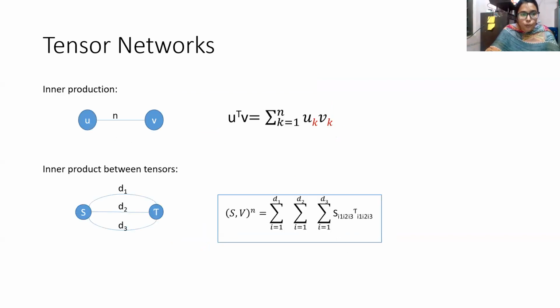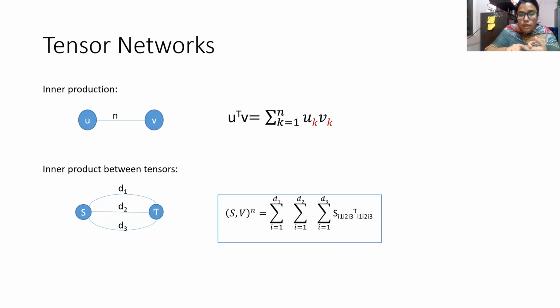So here we will talk about the inner product between two vectors, or the inner product of two tensors. Later we will talk about the inner product between two same kinds of tensors. Here the first inner product is only a contraction.